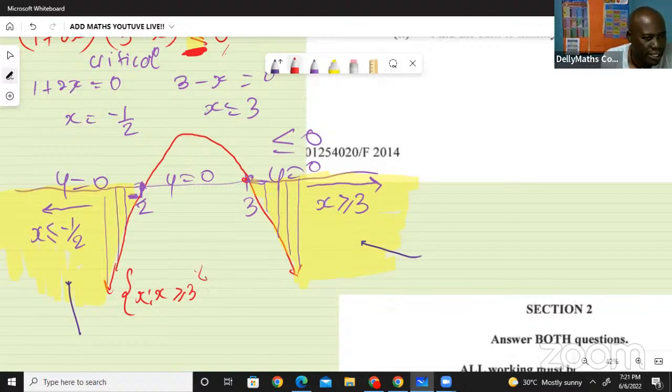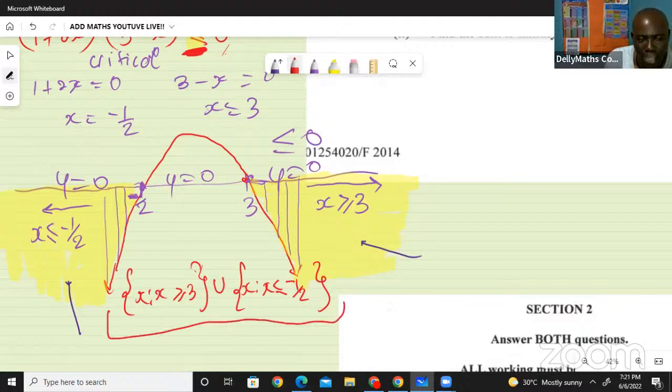And we want to unite that with the fact that x is less than or equal to negative a half. You close it off. So we're looking for a set notation response like that, where we unite the ideas. Make sure it is in a curly bracket, because you're responding based on how they phrase the question.